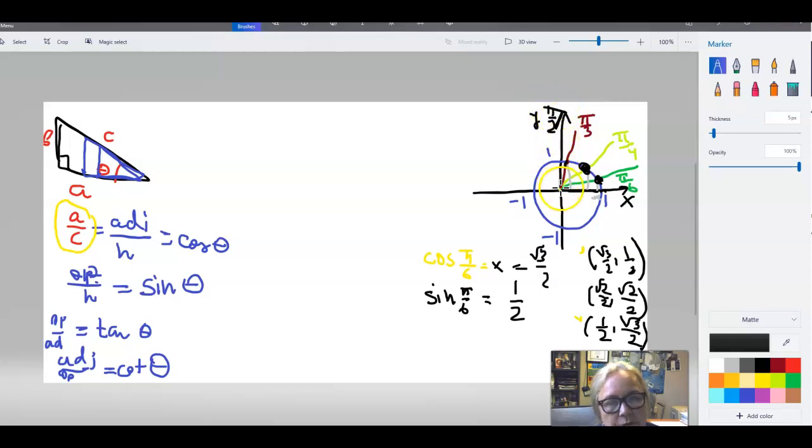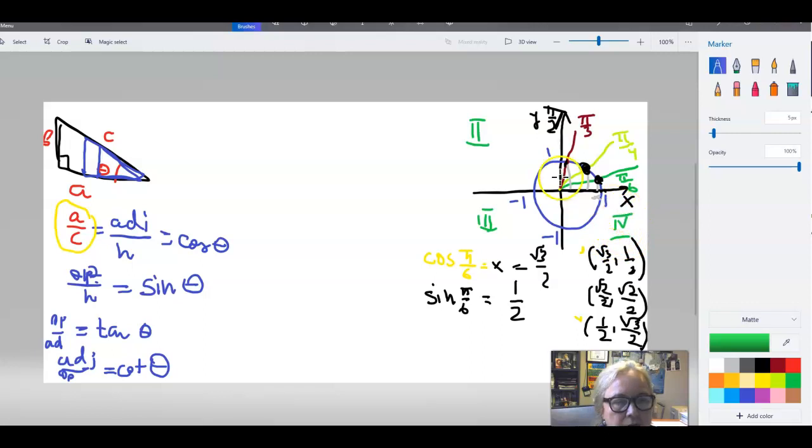This is the terminal side, this is the initial side, and the point here has coordinates 0, 1. That's why cosine pi over 2 is 0, and sine pi over 2 is 1. But how do we extend this into, say, quadrants 2, 3, and 4?